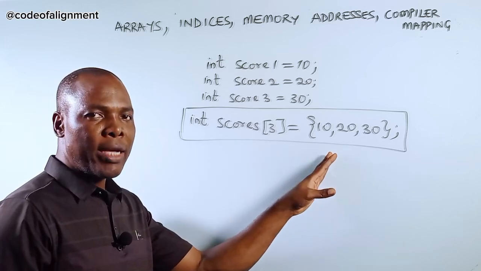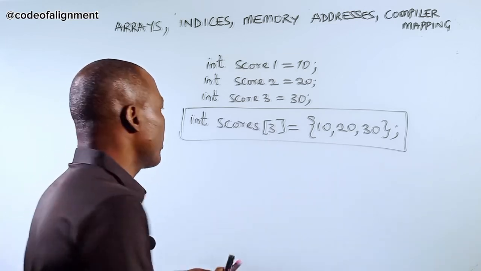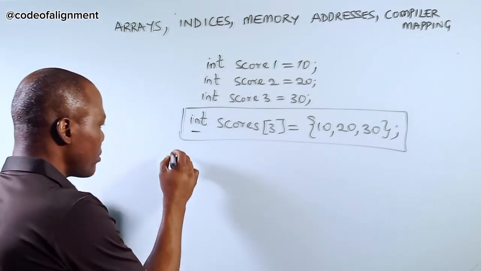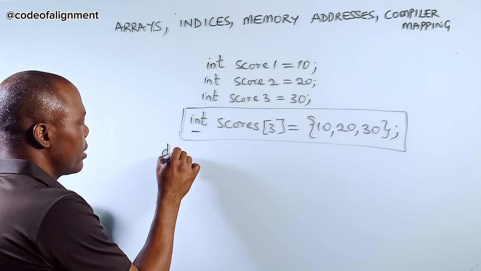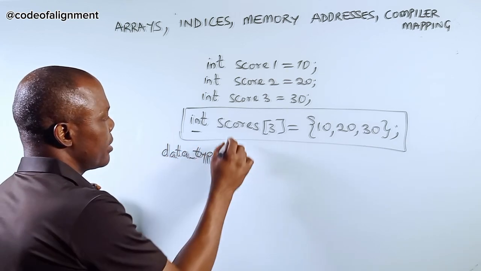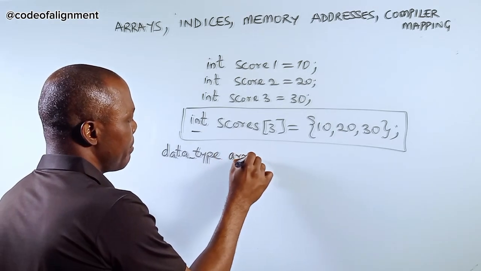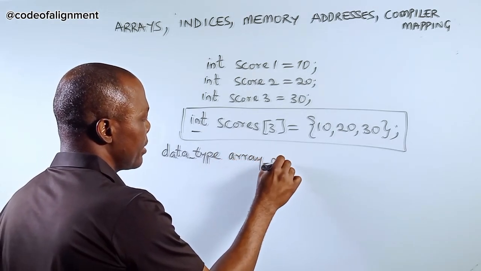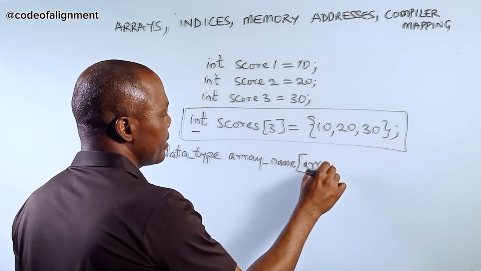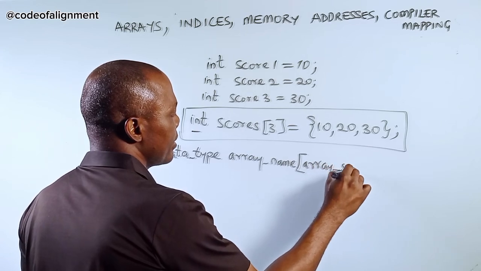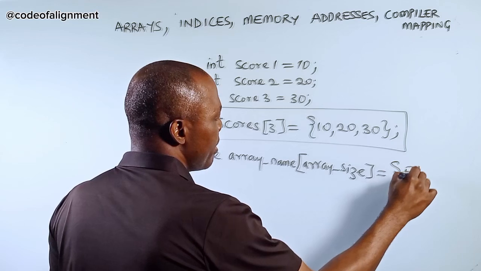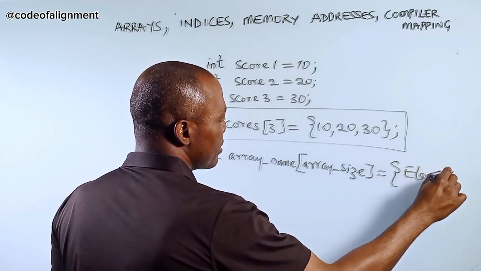Now, based on this, we can deduce the syntax of an array. This is a data type. I told you data type is like the nature of the array. Now, this is the syntax: array name, then array size, and then elements separated by commas.